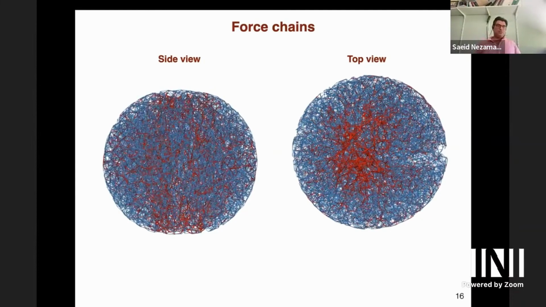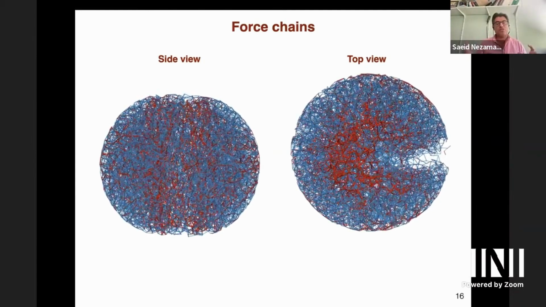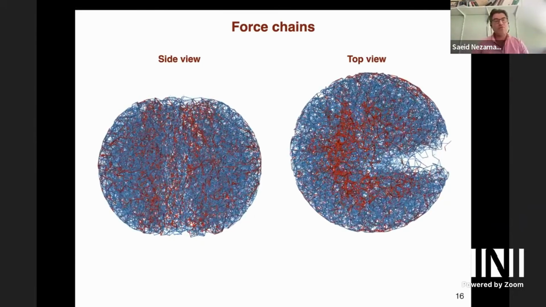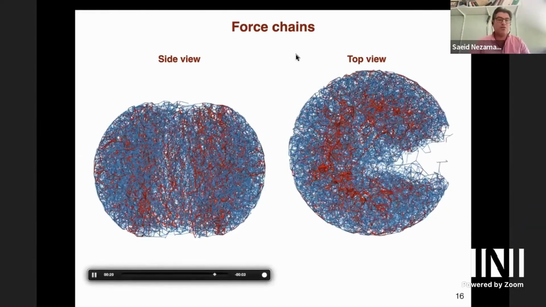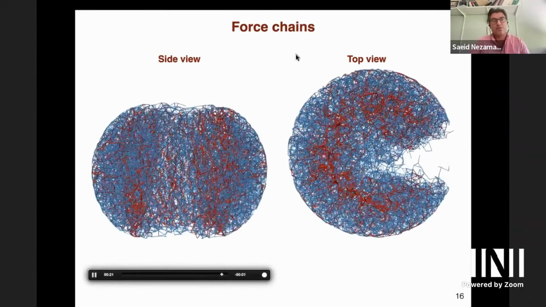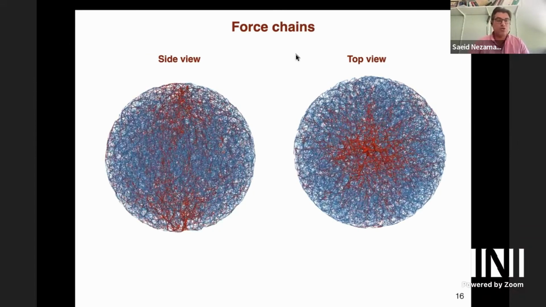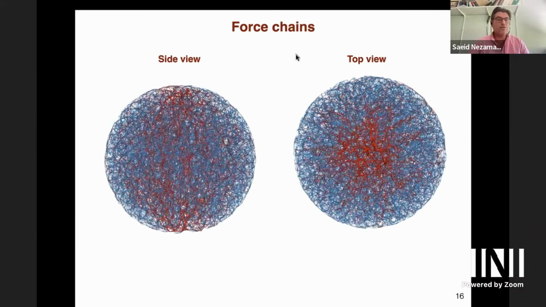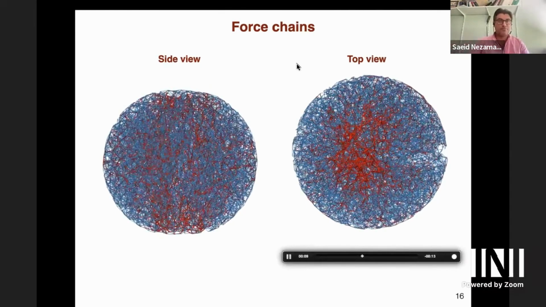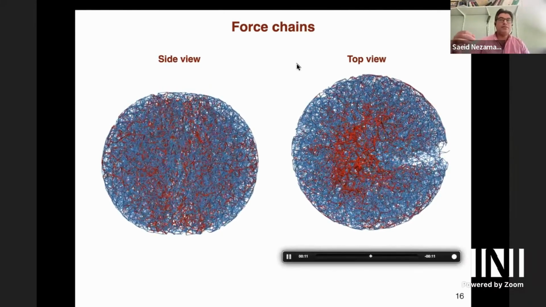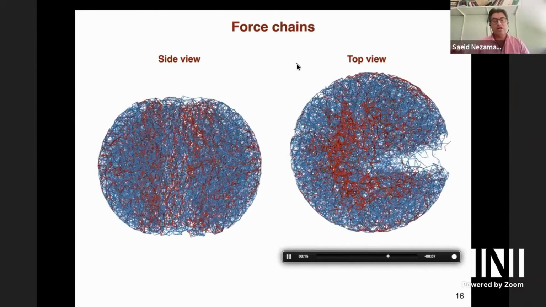In fact, indeed, this is the force. If it's a negative force, you have the attractive force. If you have a positive force, this is the repulsive force. You can say the normal forces. The intensity of the forces is shown here with the thickness of the lines.